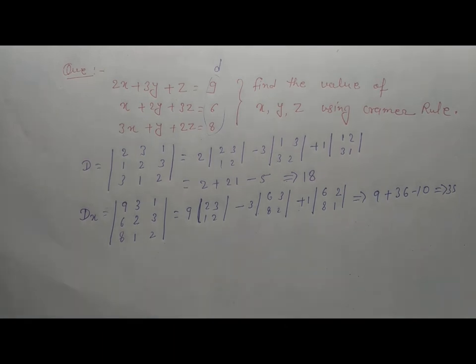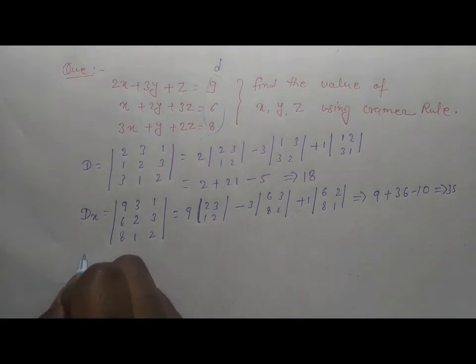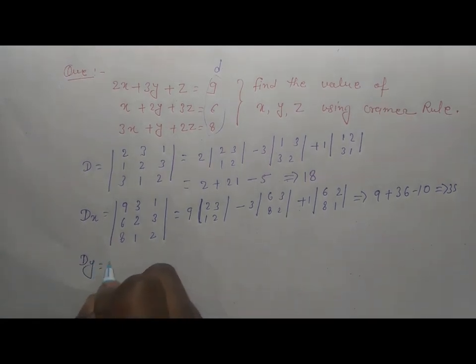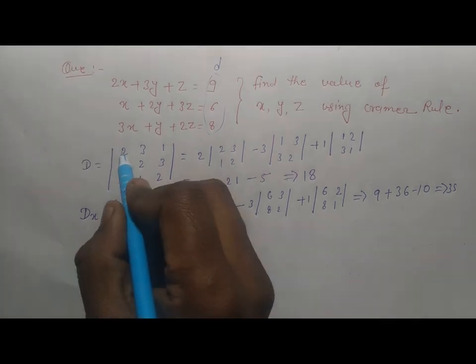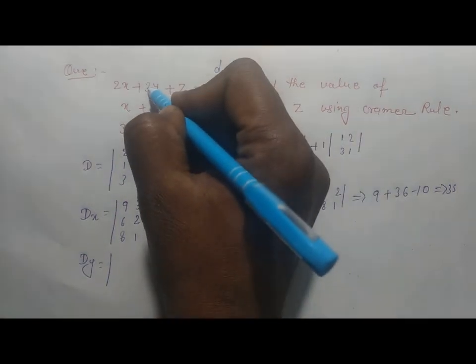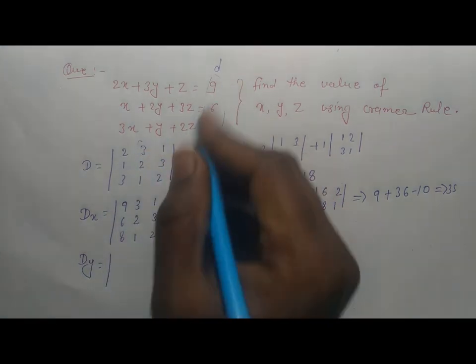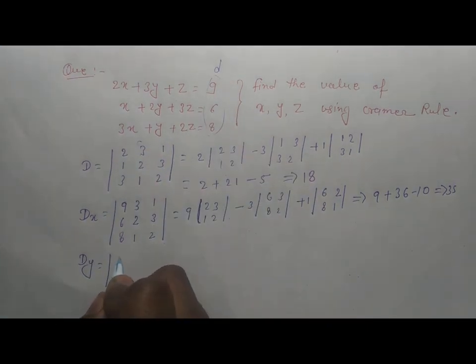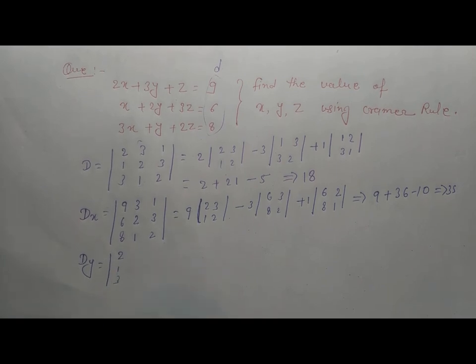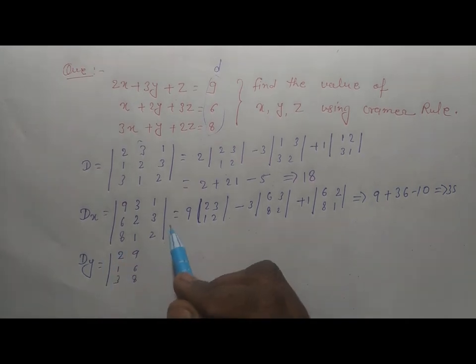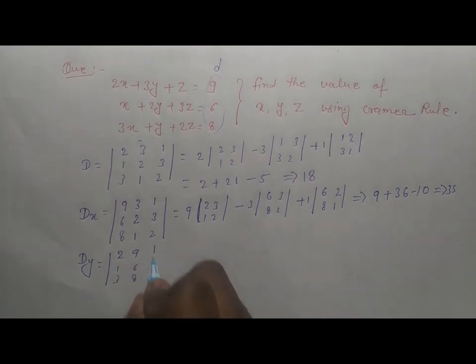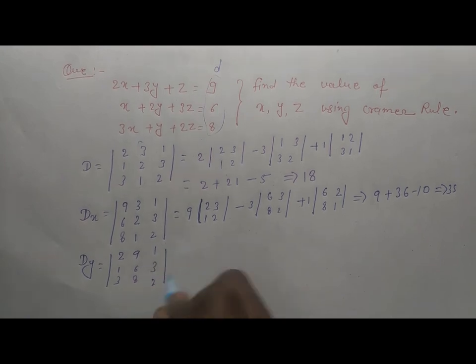Then find the value of dy. Here the y coefficients are simply replaced by the constant terms, and the other coefficients of x and z are written in the same place. So the x coefficients are 2, 1, 3, the constant terms are 9, 6, 8 replacing the y coefficients, and the z coefficients are 1, 3, 2.